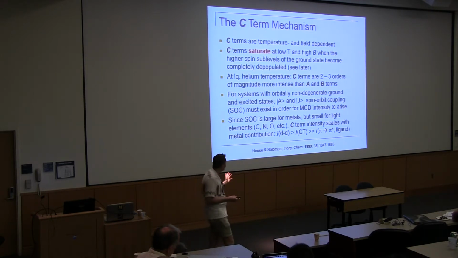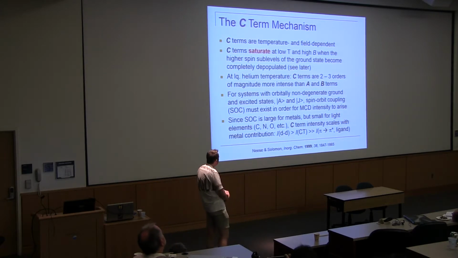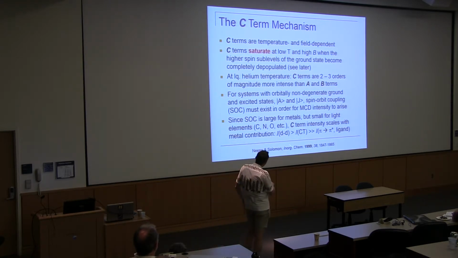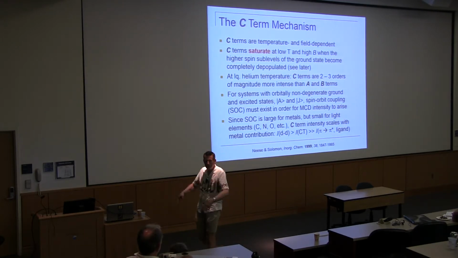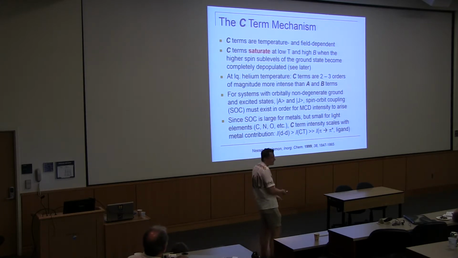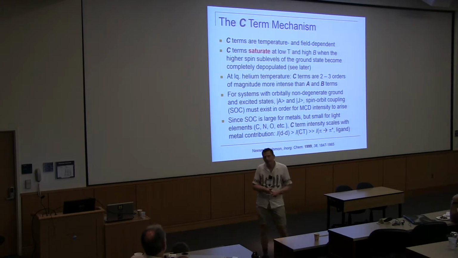And so if the intensity scales with spin-orbit coupling, roughly speaking, then these d-d transitions, which are weak in absorption, will be strong in MCD. And then charge transfer transitions, especially if you have covalent bonding between the metal and the ligand, have a lot of metal character in the transition. You will have an intense band in MCD, but then these pi to pi star transitions that oftentimes dominate absorption spectra will be very weak in MCD.